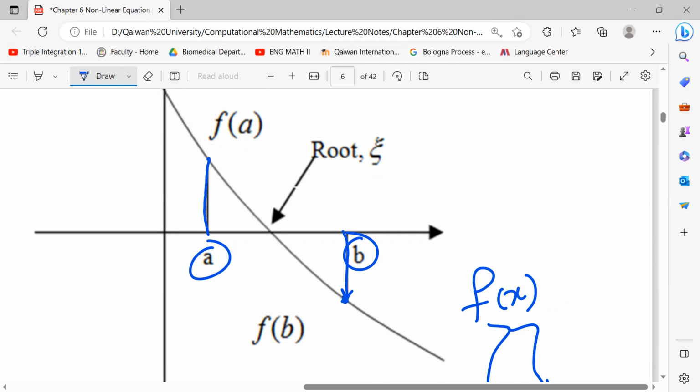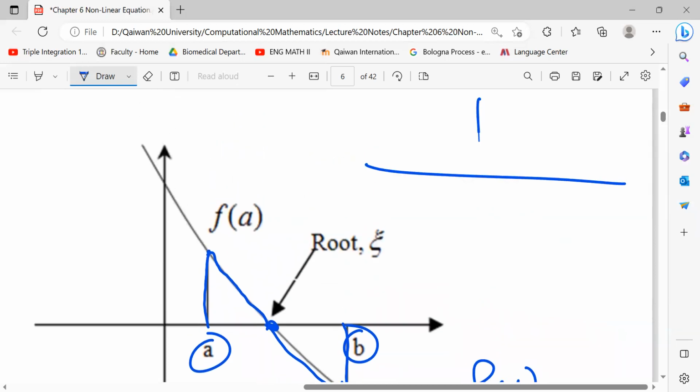The multiplication of f of a and f of b is negative, is it? It is negative. That means the graph of f changes from positive to negative, from point a to b. That means at a point between a and b, the graph intersects the x-axis. So at this point, we have a solution. Okay?